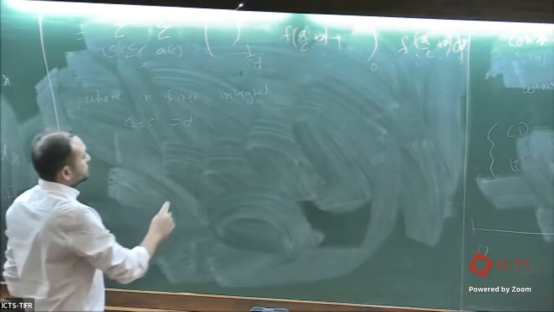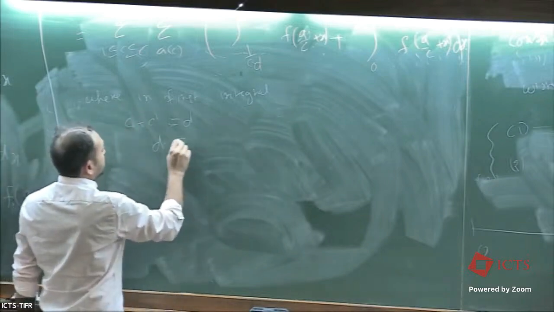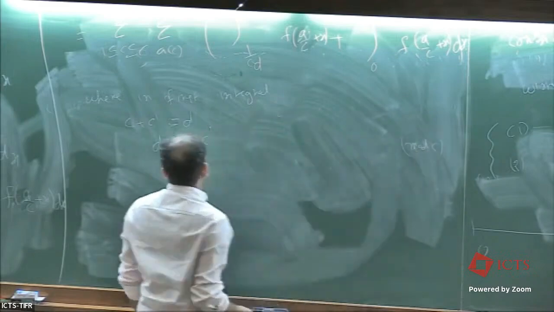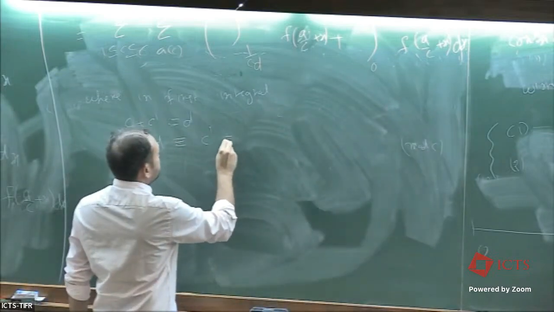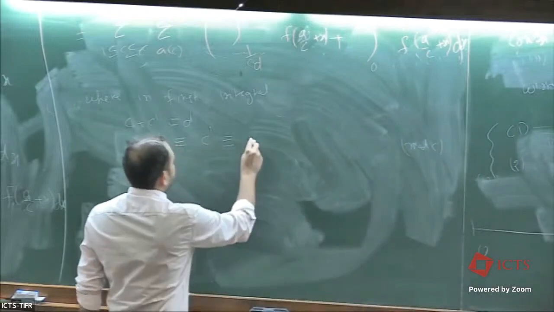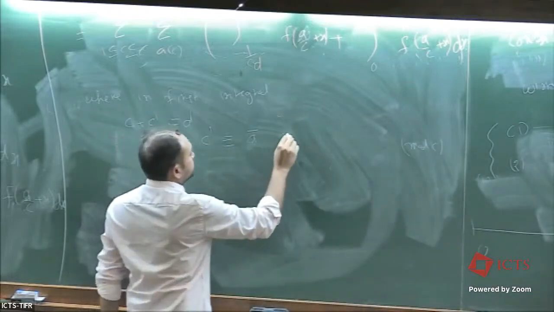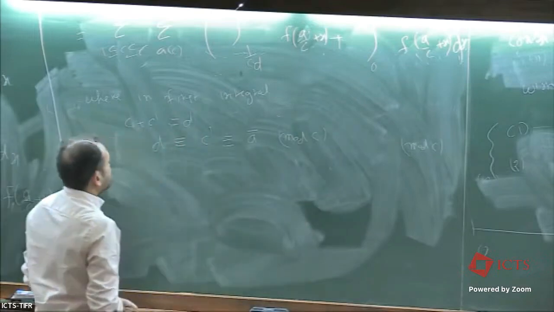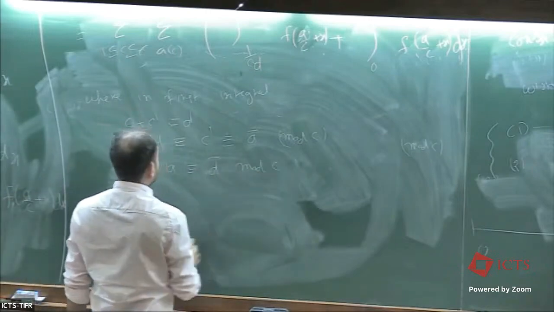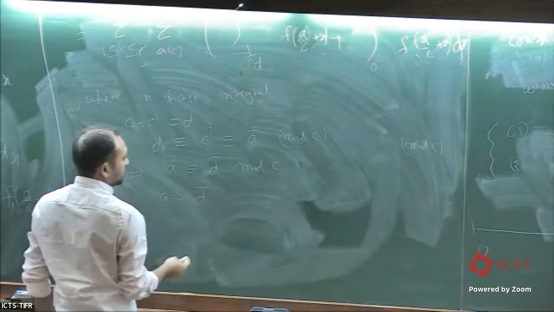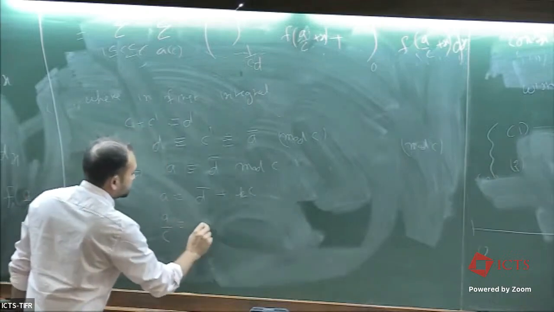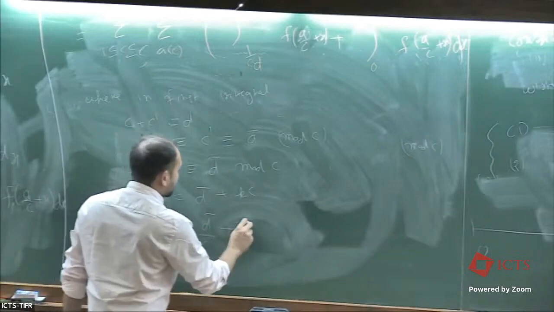Now D is congruent to C prime, all this congruence I am writing modulo C. From the first one, you can see that C prime is congruent to A bar, so D is congruent to A bar mod C. So from here, we get that A is congruent to D bar mod C. So you can write A as D bar plus some integer multiple of C. So A by C is D bar by C plus some integer k.